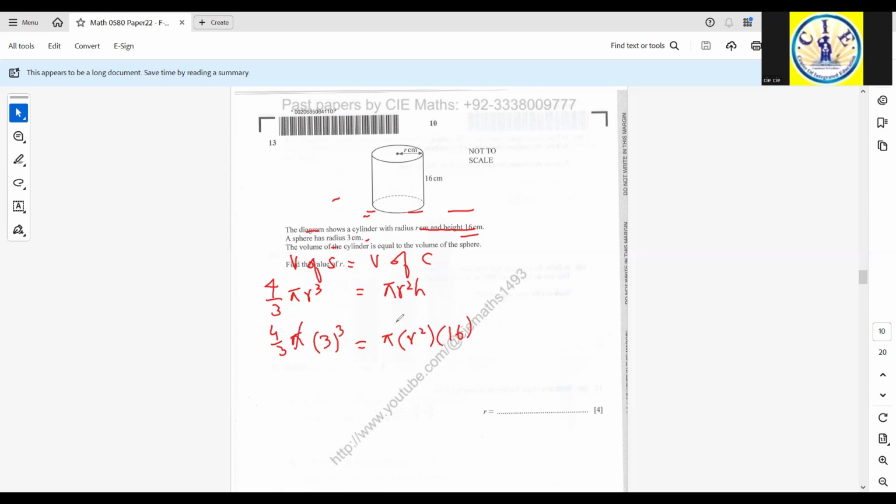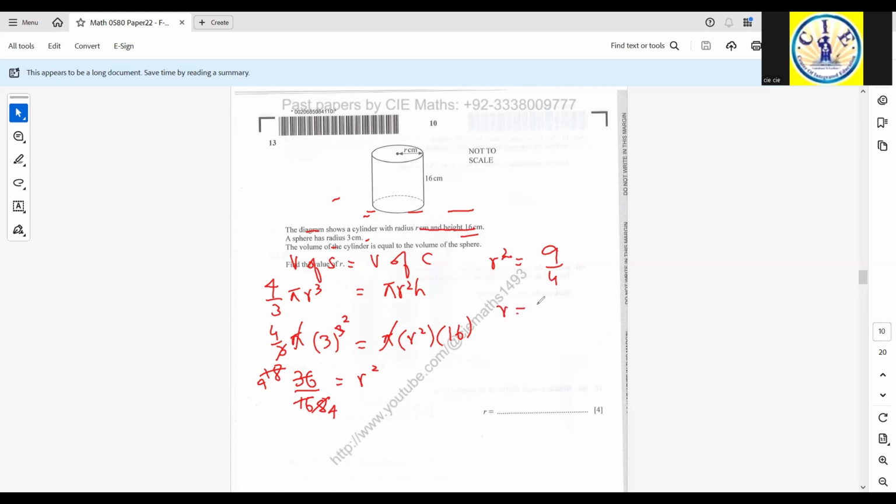Now we can cancel out this pi. Then 3 can be cancelled out with this cube, and we have the square of 3. Square of 3 is 9. 9 fours are 36, divided by 16, that is equal to r squared. So 2 8s are 16, 2 18s are 36, 2 4s are 8, and then 2 9s are 18. So the value of r squared is 9 by 4.